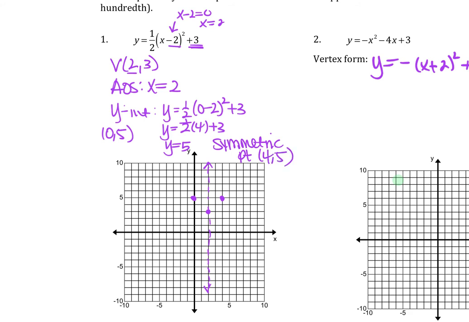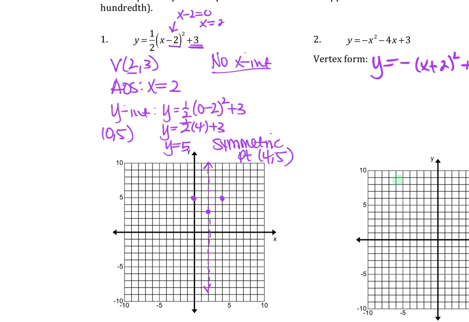And now we can see this is a parabola that's opening up, and so it's never going to cross my x-axis. So we can just say no x-intercepts. So don't go through the work of solving that quadratic and finding that it has imaginary solutions and then saying no x-intercepts.